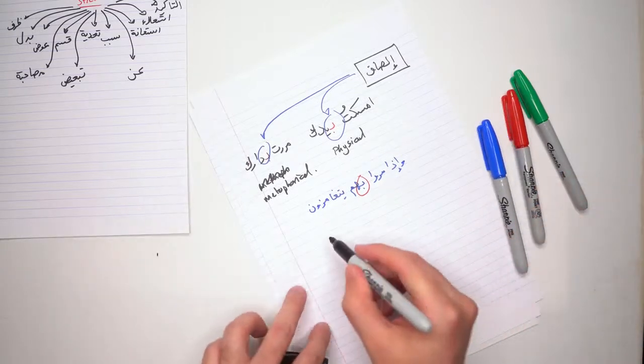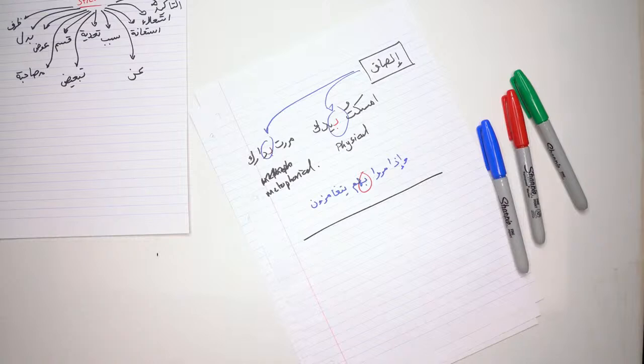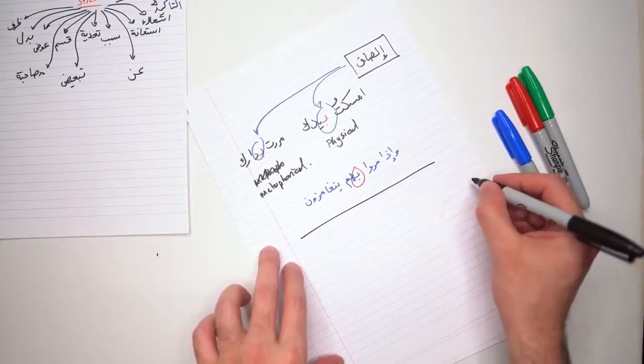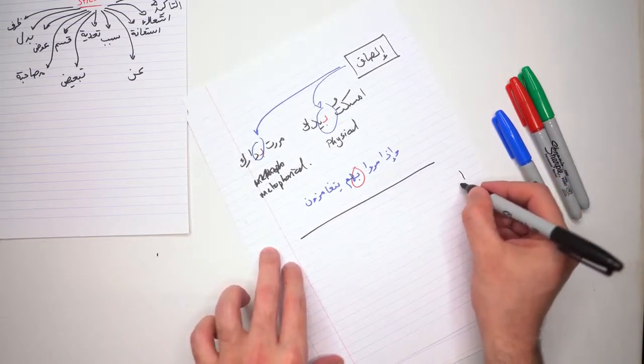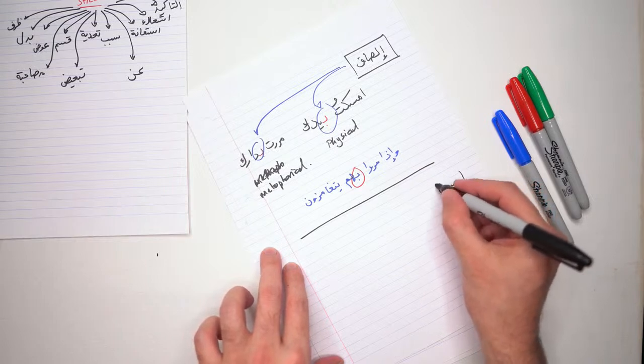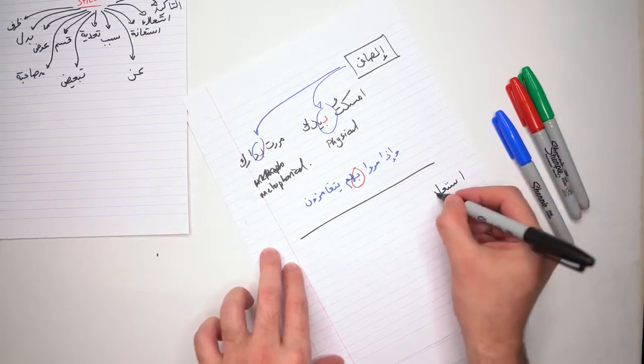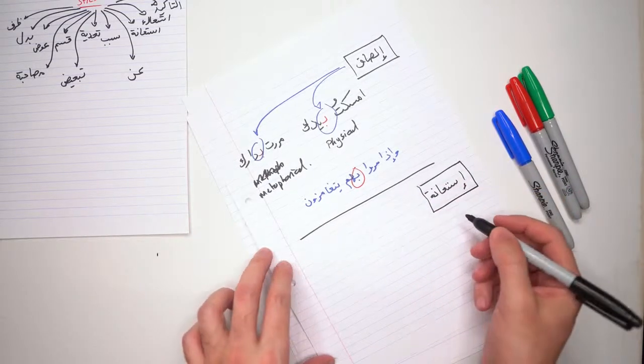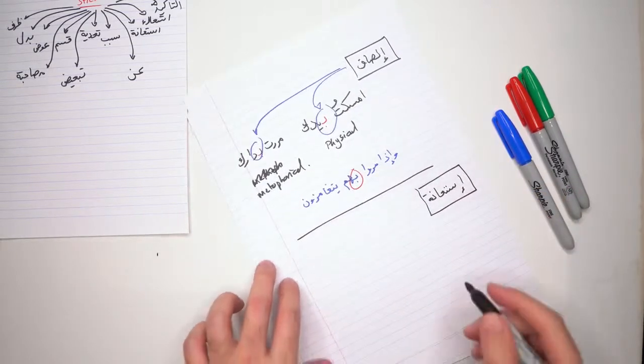So let's draw a line there. Let's have a go at the second one, isti'ana. Isti'ana comes for seeking help, to seek help.